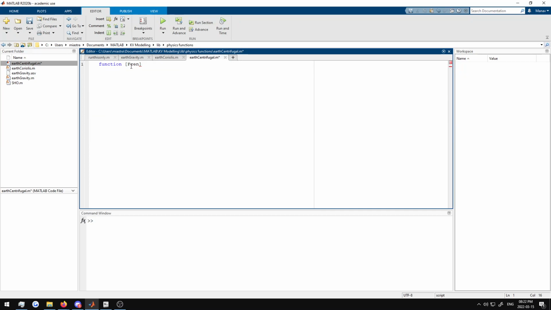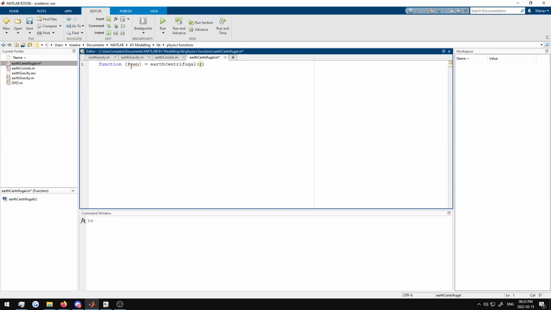So we have force centrifugal, and this is going to be equal to Earth centrifugal. The inputs are going to be the position vectors. There are two position vectors that we care about. We care about the position vector from the center of the Earth to our origin, which is the starting point of where we do stuff.